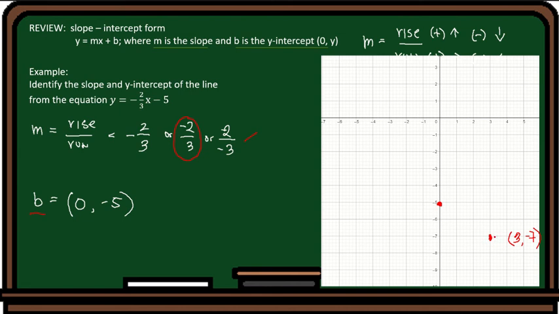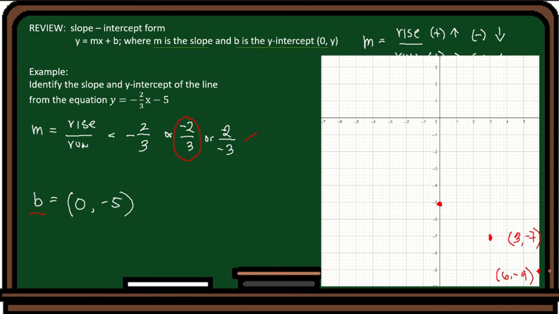Next, we can actually reuse our slope. The same direction, down by two, 1, 2, then to the right, 1, 2, 3. So, this point, I think, is 6 and negative 9.